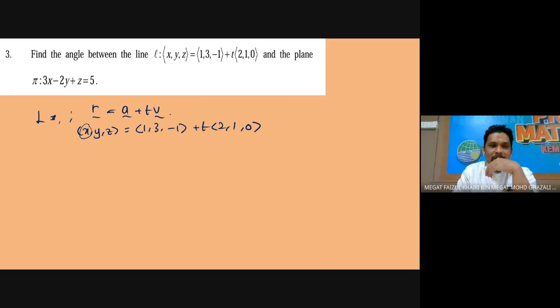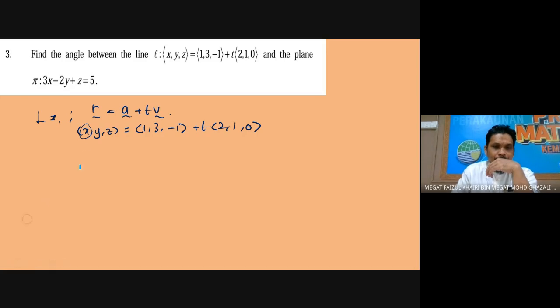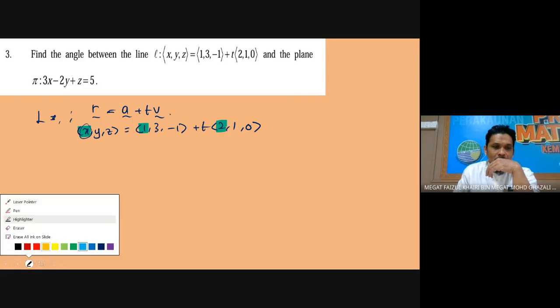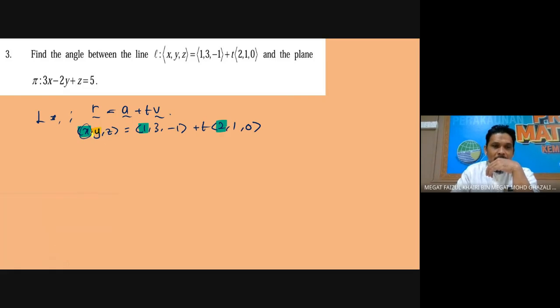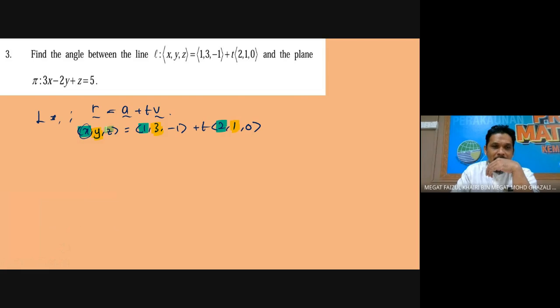So x, we refer to this and this. Y, the second value, the second magnitude, and then z.